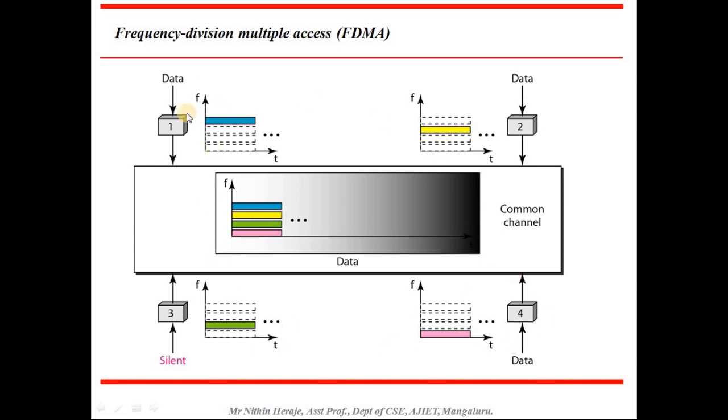If you look at this, station 1, 2 and 4 has data to send, where station 3 has no data to send. Though any station does not have any data to send, it does not matter, because each station is given with its own bands, frequency bands, to transfer the data. So simultaneously it can transfer the data without any interference between the data.